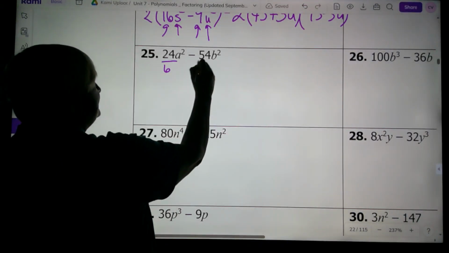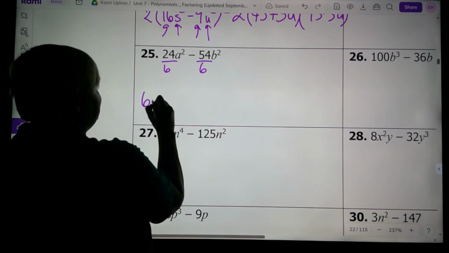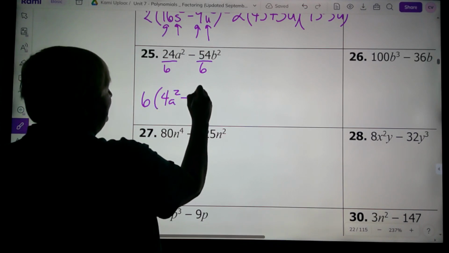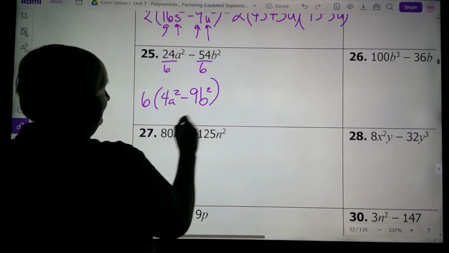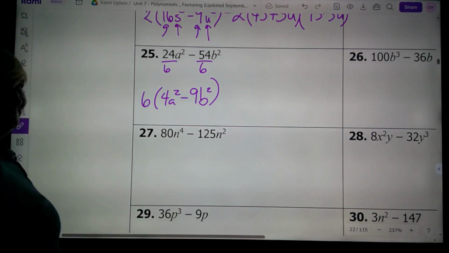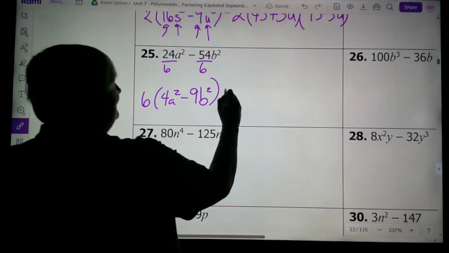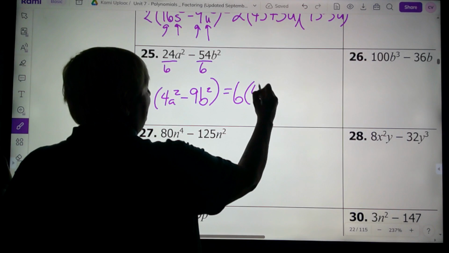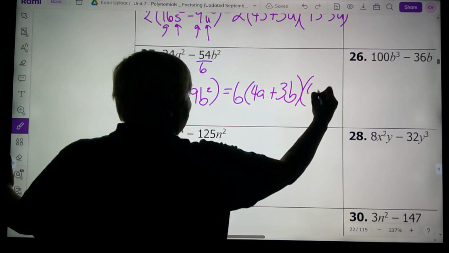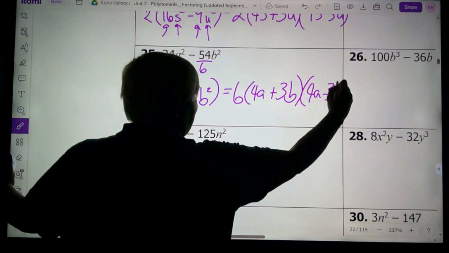Both can be divided by 6, so let's see what happens. If I take a 6 out, I get 4a squared minus 9b squared. Squared, squared. So now it's 6 times 4a plus 3b times 4a minus 3b.